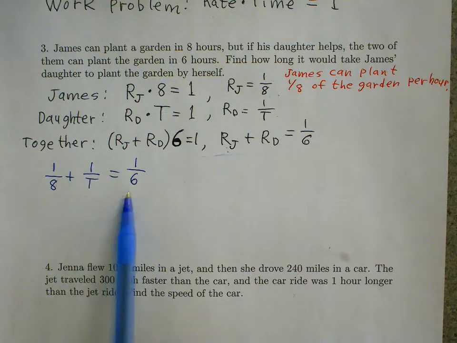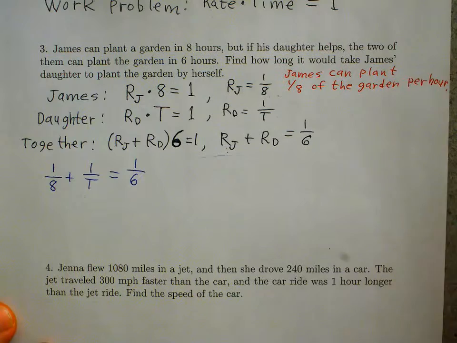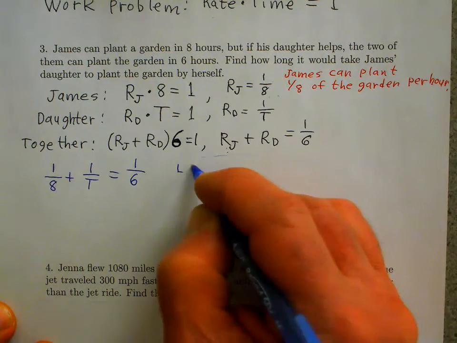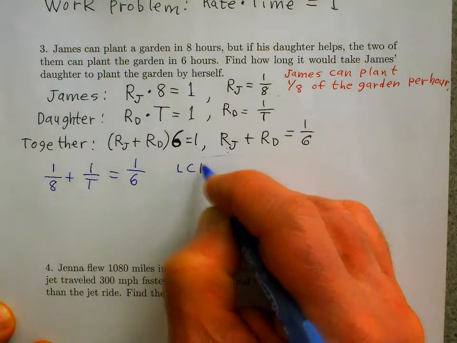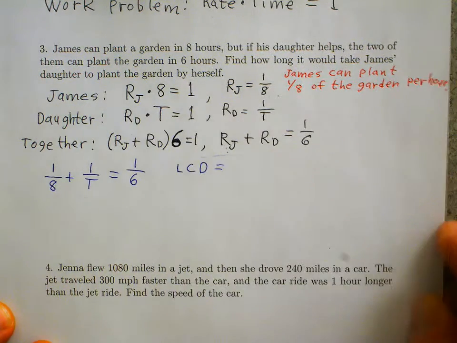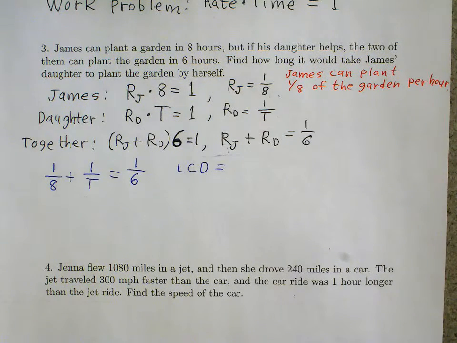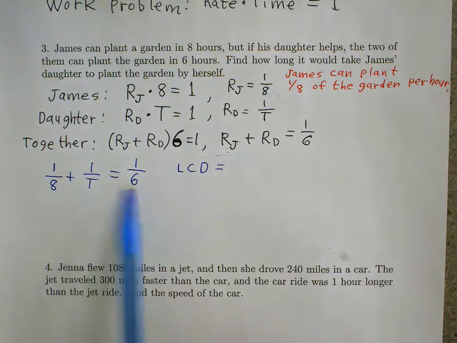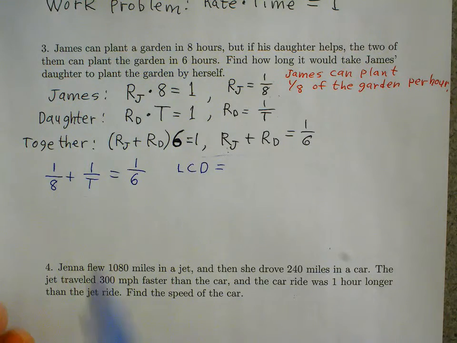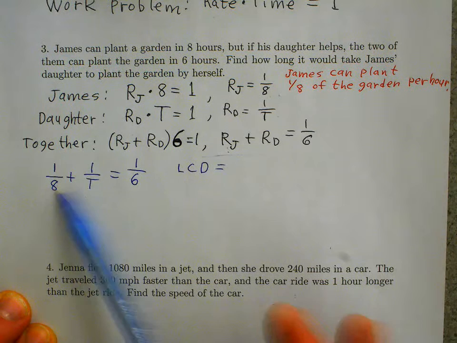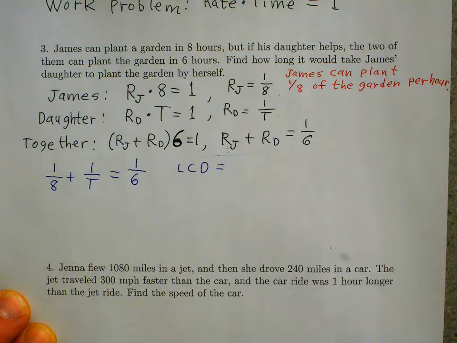This is an equation with rational expressions, so we know how to solve equations with rational expressions. So let's find the least common multiple of the denominators, the least common denominator. The three denominators are 8, t, and 6. If we first find a common multiple of 8 and 6, then after that we can just include the factor of t.